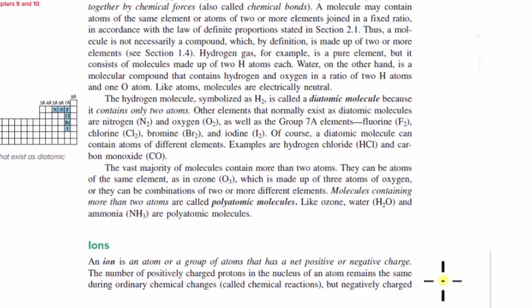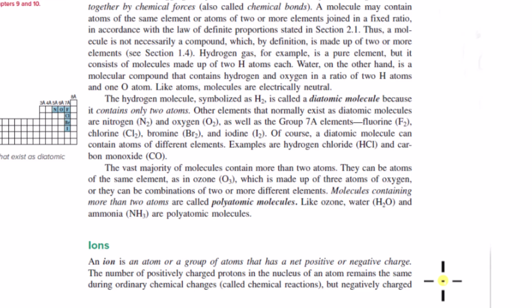You're going to be seeing atoms, or molecules, which are groups of atoms bonded together, or you'll be seeing ions. So what is an ion? An ion is a neutral atom or molecule that has had 1 or more electrons completely removed from it or completely added to it.